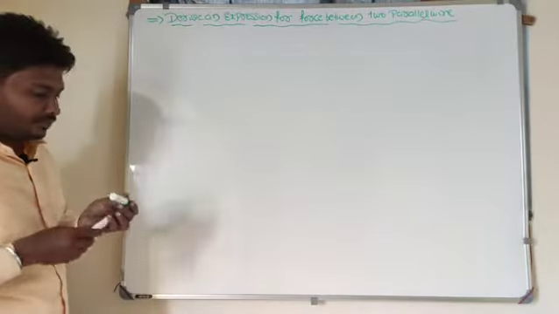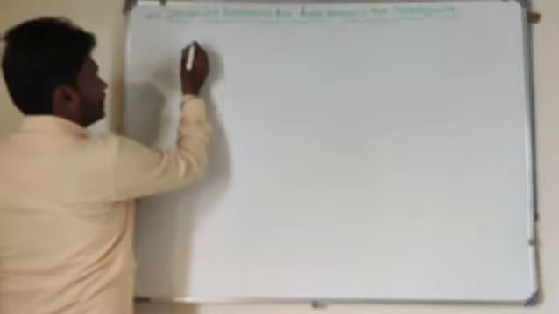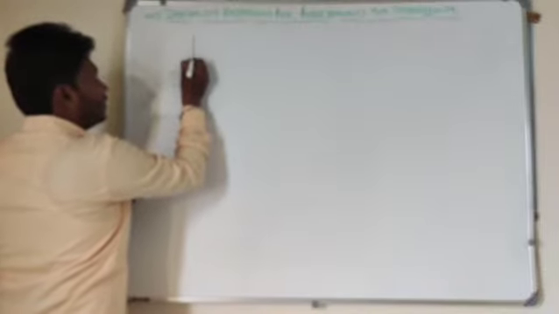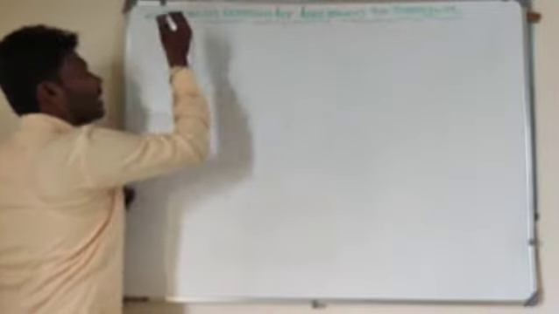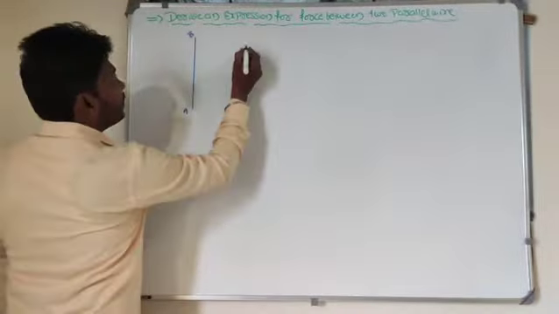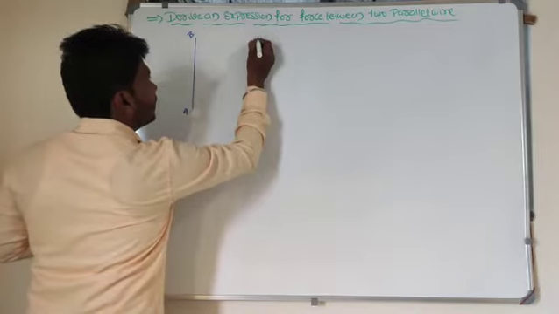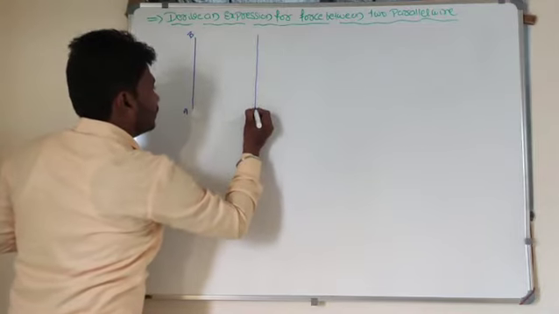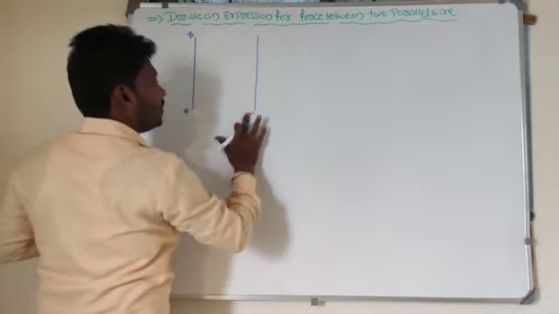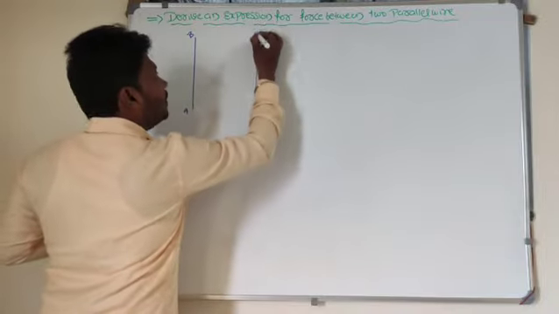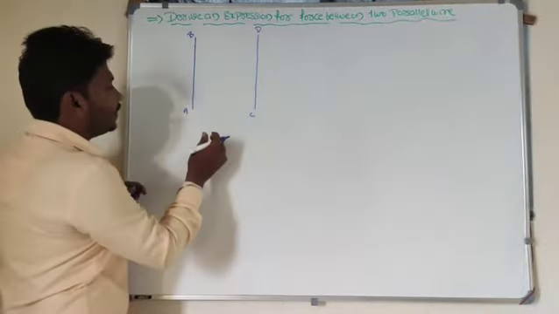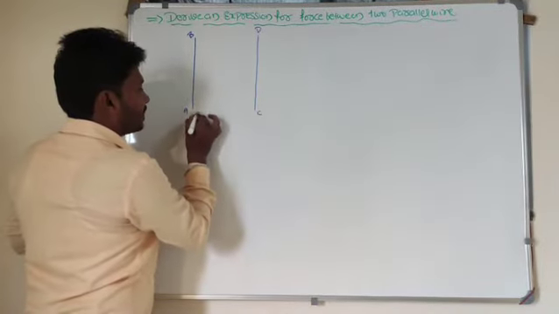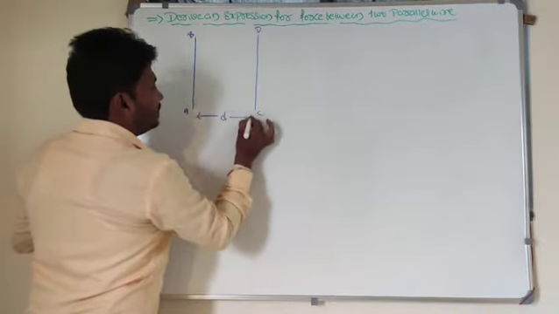For that purpose I will take two wires here. Let me draw the diagram. One is wire AB, another wire is CD. Between these two wires there exists a certain separation.